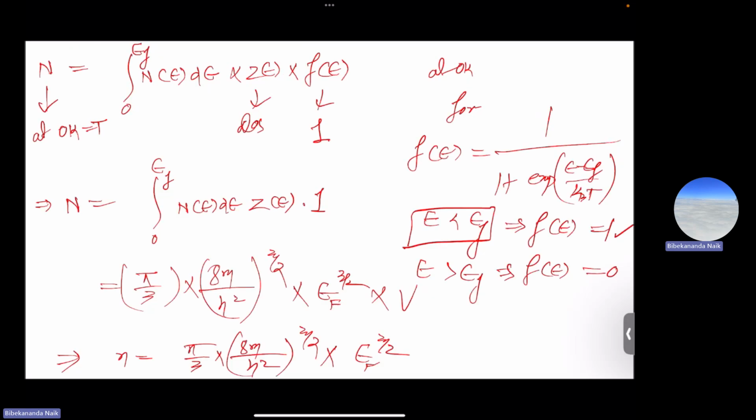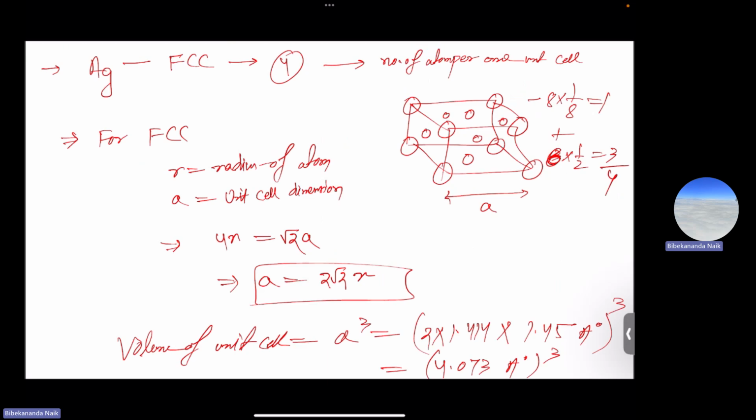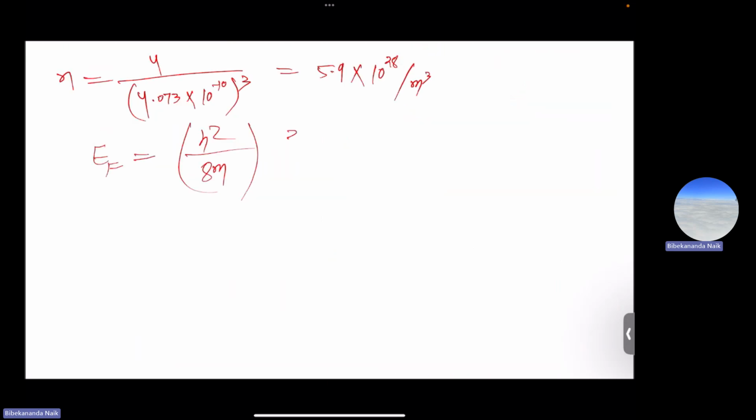Sorry, this is 8m, not 8n. So here it will be h square by 8m, 3n by pi to the power 2 by 3.